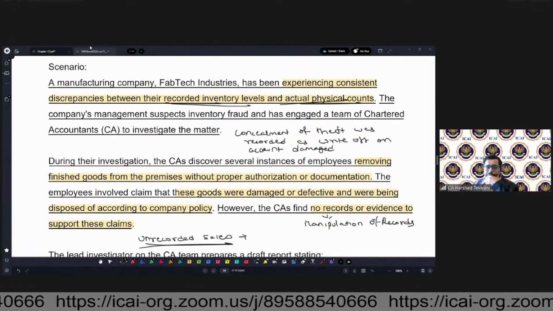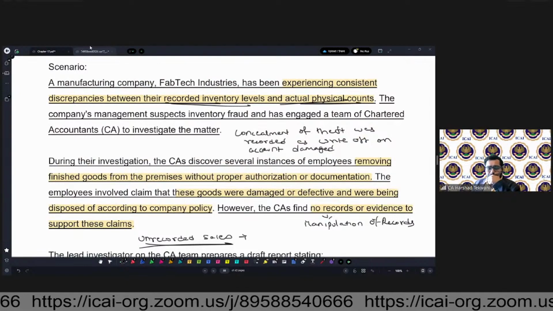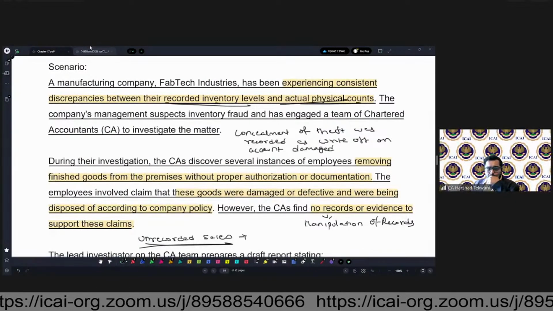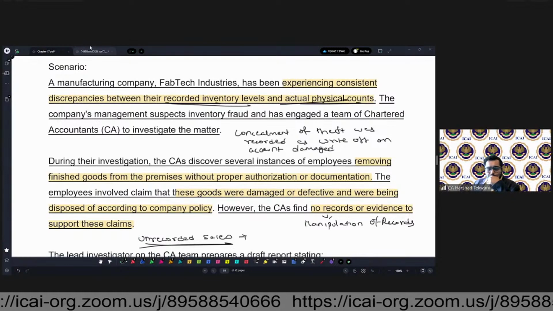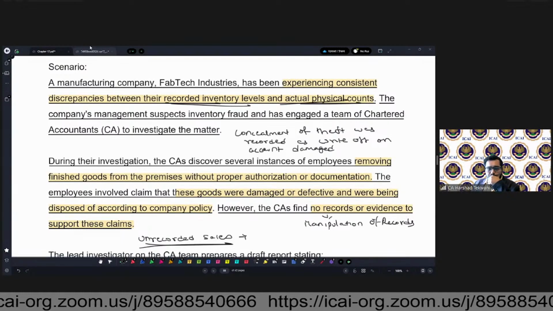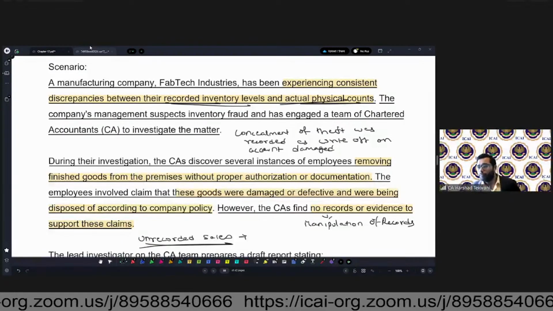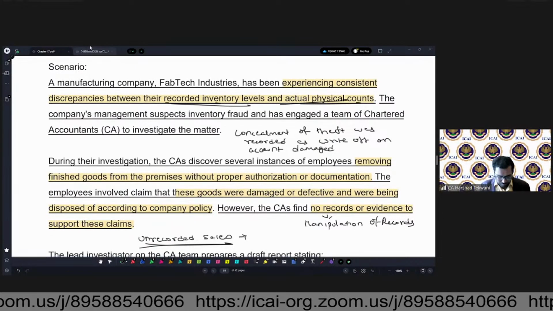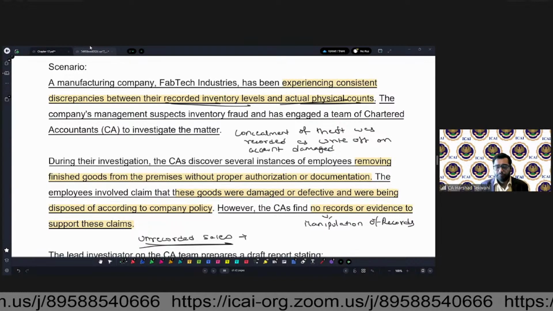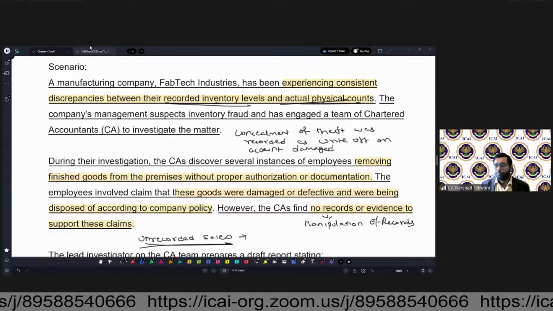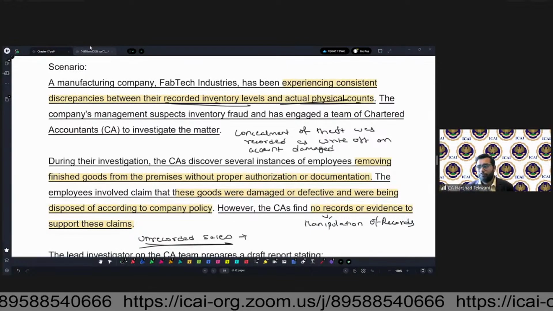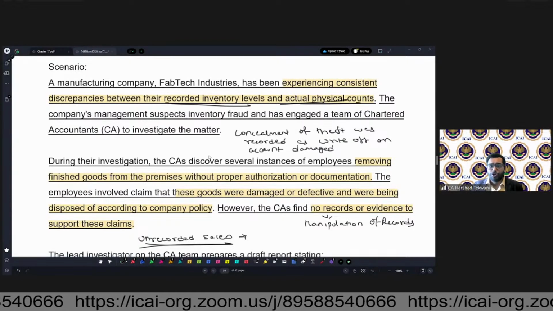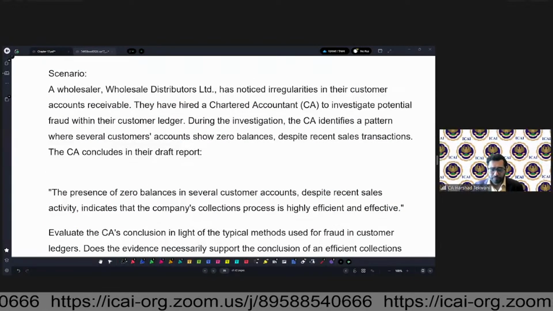Clear? Any doubt? Any doubt, guys? Okay, if no further doubts, let me proceed to the next question on similar lines.